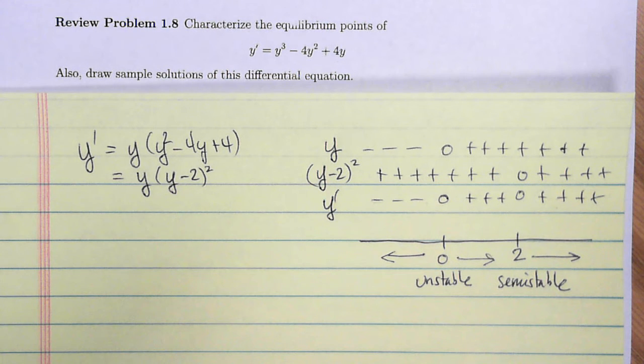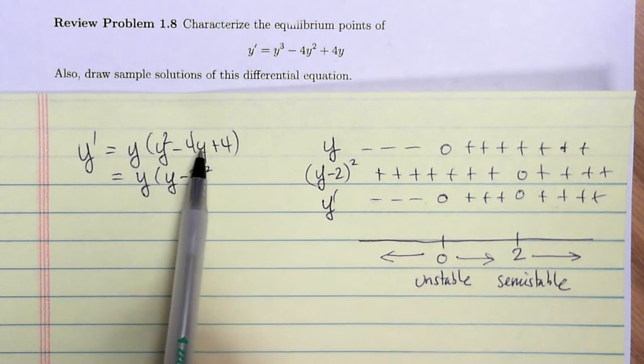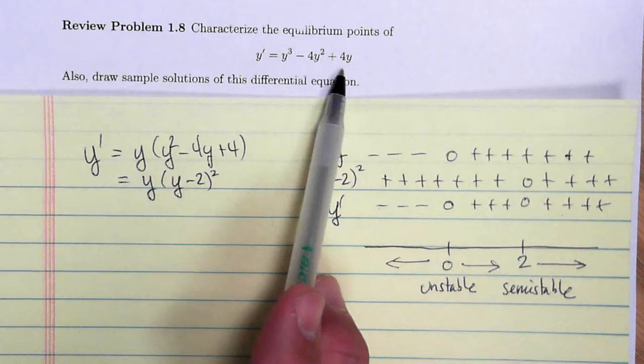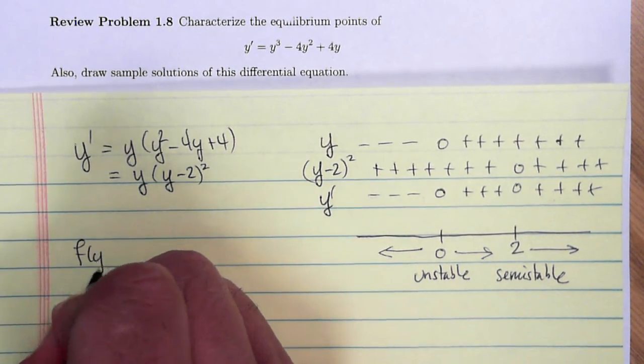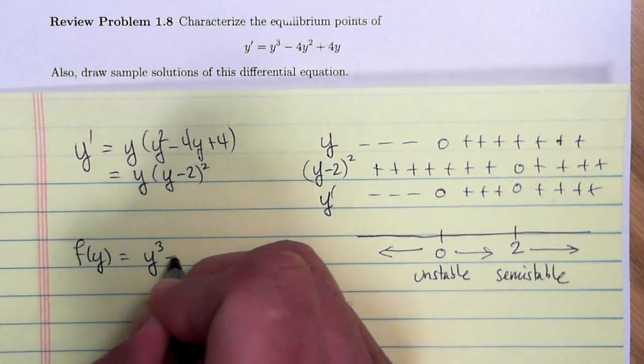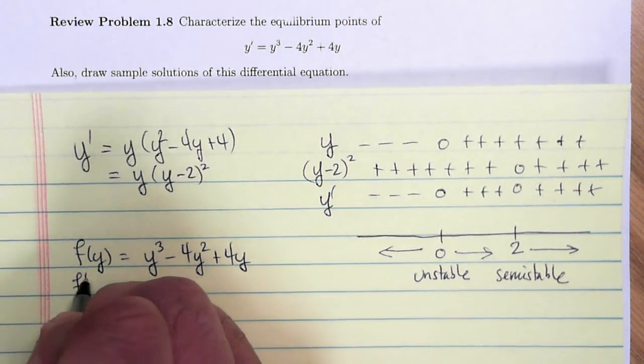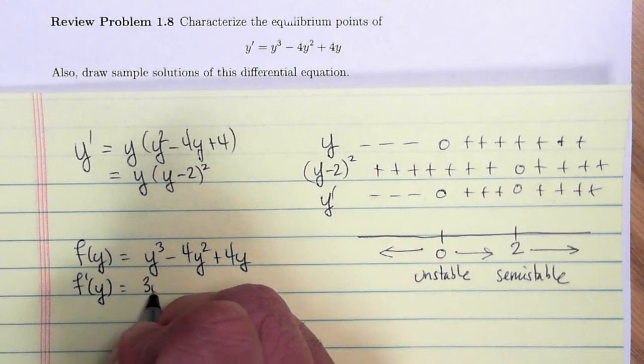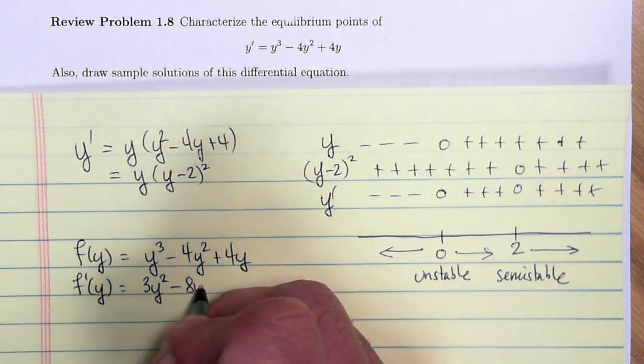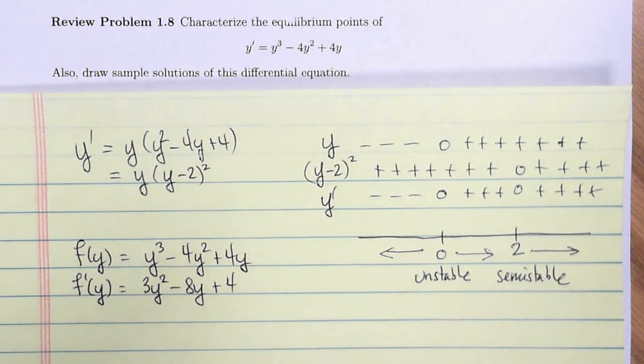Okay, that's one way of characterizing the equilibrium points. The second way of characterizing the equilibrium points is by taking a look at the derivative, and if necessary, the second derivative of this. So let f of y be equal to y cubed minus 4y squared plus 4y. Then the derivative is equal to 3y squared minus 8y plus 4.